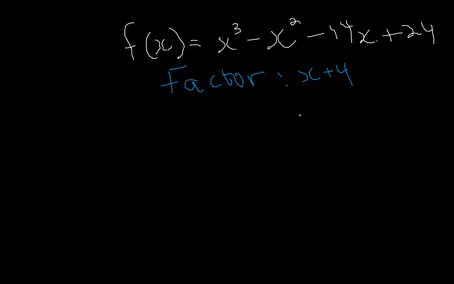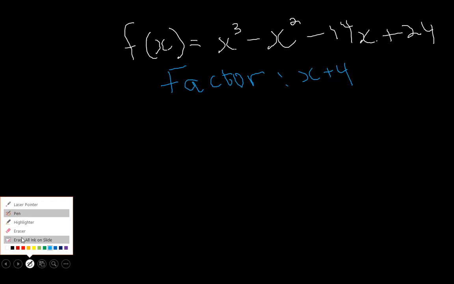What does that mean? They want me to factorize the polynomial. How do we factorize polynomials? Well, using the factor that we have, all we have to do is do long division so that we could find the other factors, right? That's how we factorize polynomials. So that's what we're going to do now.